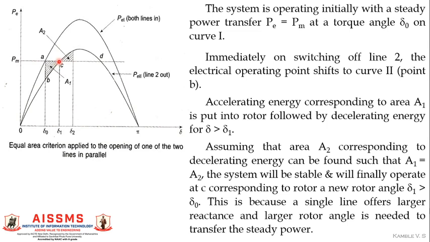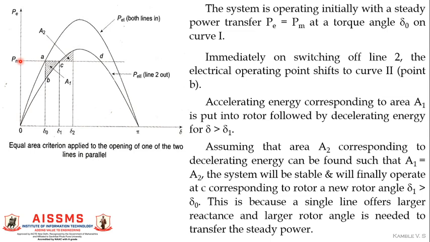So the corresponding angle for C is delta 1, the corresponding power is Pm, that is the mechanical input power, and the corresponding electrical power is the same as Pm.